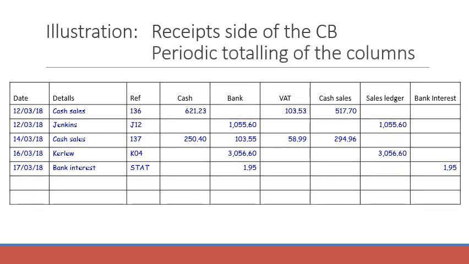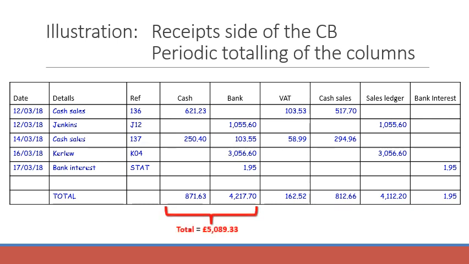Then at the end of a period, we're going to add up the total of all of our columns. So this will then be used for transferring the information into our general ledger, and it can also be used as a check to make sure that we haven't made any silly little errors.